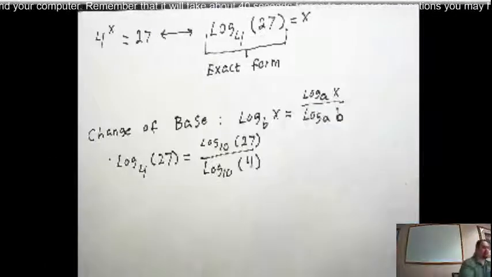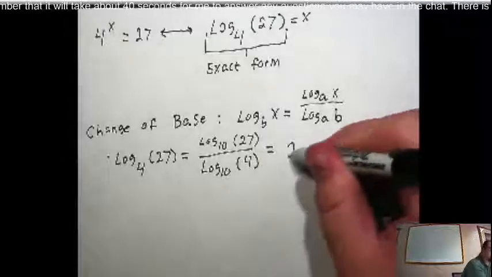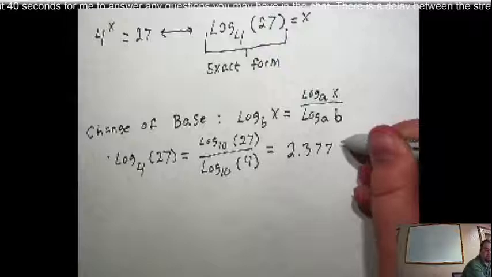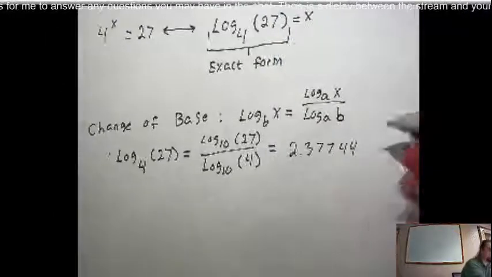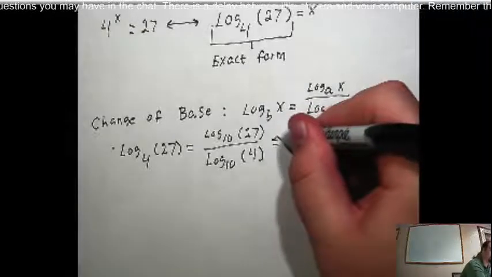Of course, we need to round that. And I'm going to say that this is 2.37744. Again, about.